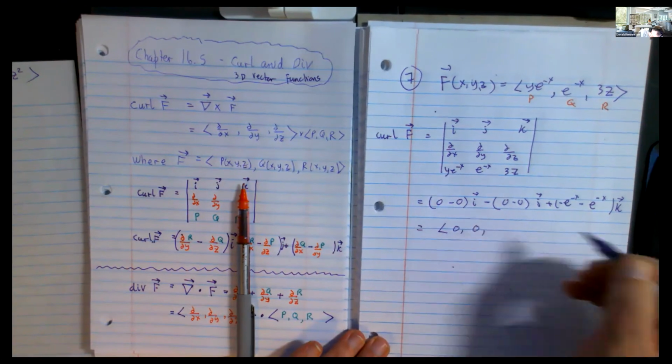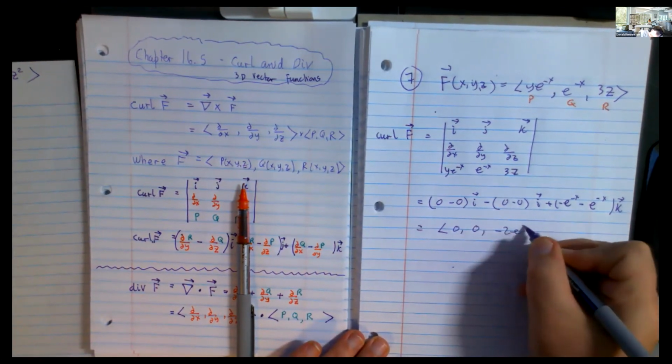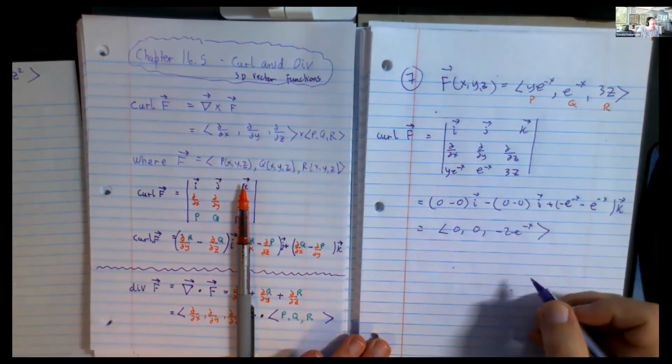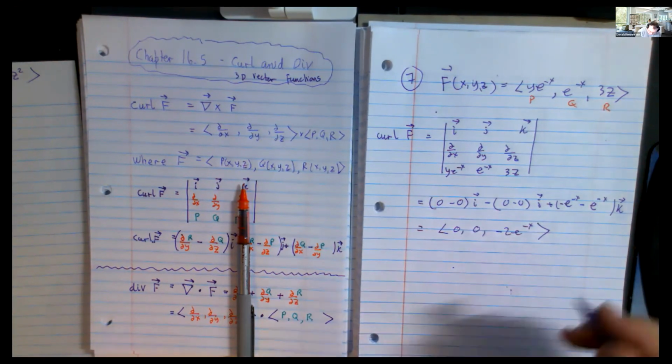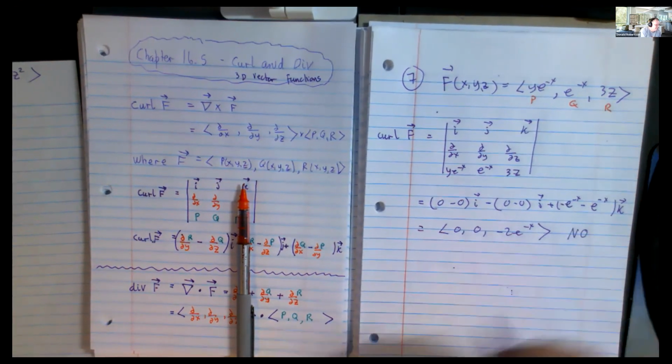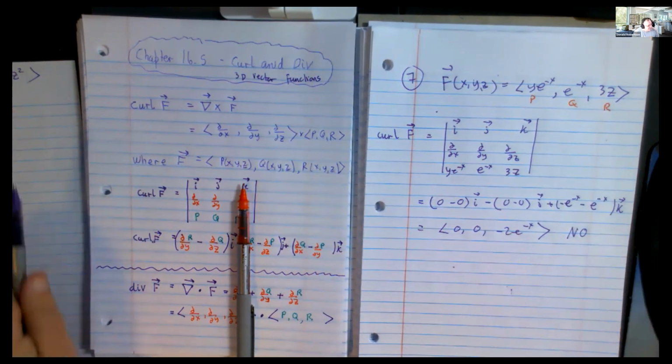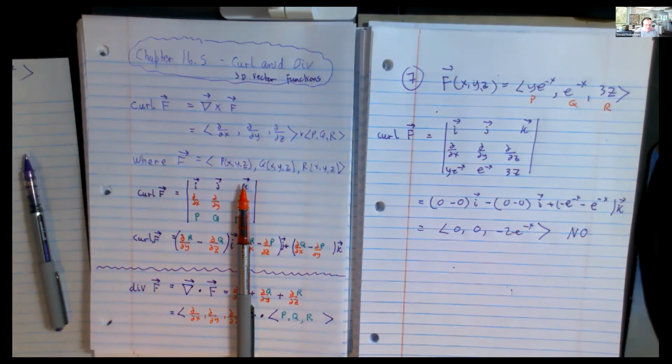And the reason for that is that the question said, is it a conservative field? And the answer is, no, it's not. Right, let me get one that is a conservative field. So I'm going to look for one that says, prove that it's conservative. Oh, shoot.